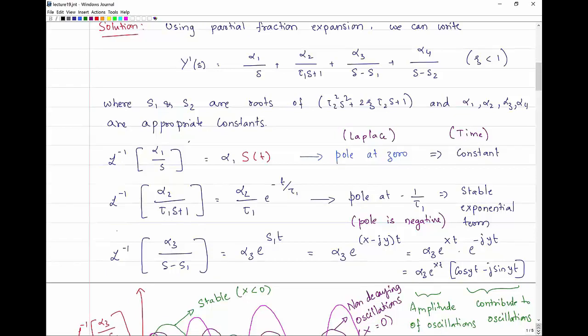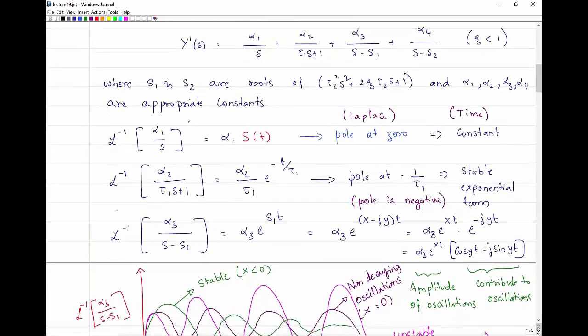And therefore, the inverse Laplace transform of the third term is an exponential to a complex term, which one can simplify using complex algebra into an exponential term multiplied by a complex number that involves cosine and sine terms. The amplitude term, which is a function of the exponential, dictates the amplitude of the oscillations, and the cosine and the sine terms contribute to the oscillations.